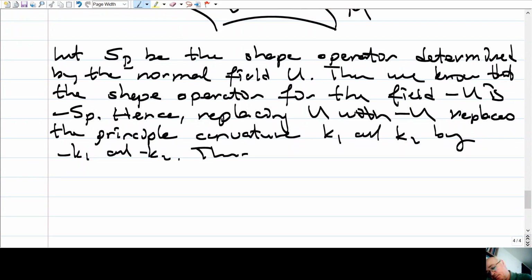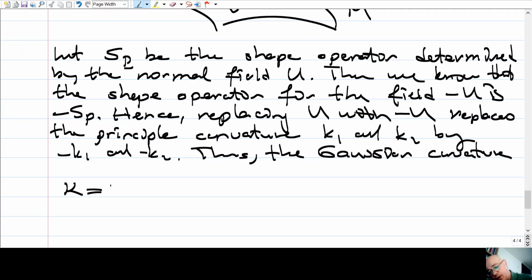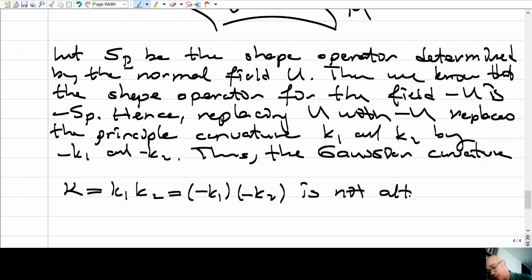Thus, the Gaussian curvature, which was K1 K2 and is equal to minus K1 times minus K2, is not altered.